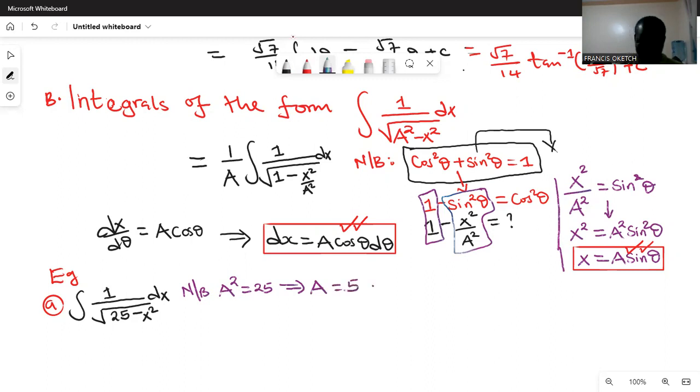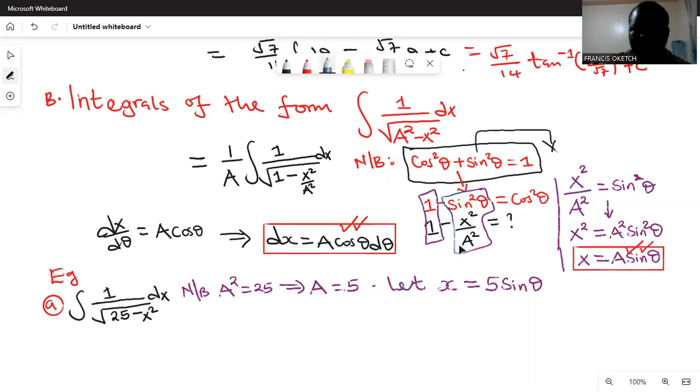So we say let x be equal to a sine theta. So we are saying x is equal to our a, that is 5, sine theta. When I replace a, I get that one.